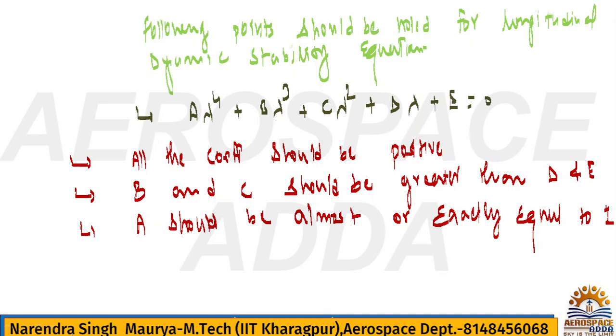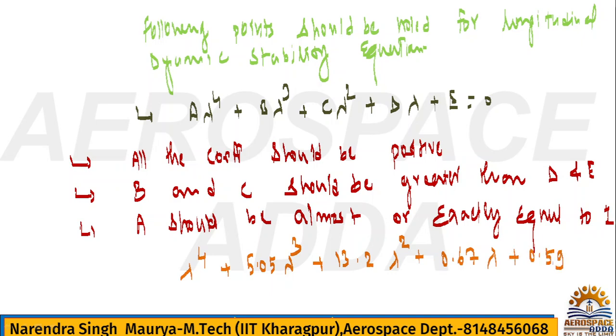So how should that equation look? Just one example I am giving here: lambda to the power 4 plus 5.05 lambda to the power 3 plus 13.2 lambda to the power 2 plus 0.67 lambda plus 0.59 is equal to 0.